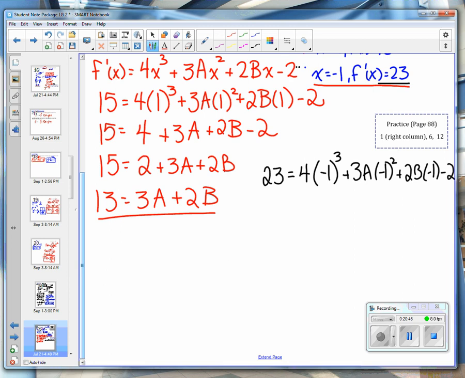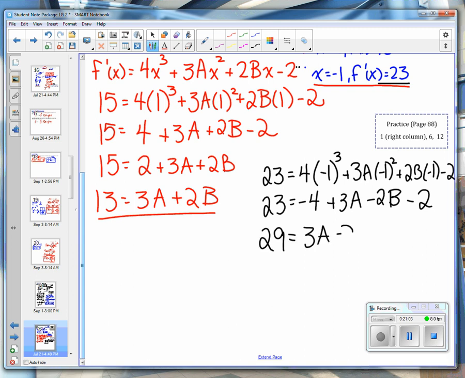Simplify again, so we've got 23 now equal to negative 4 plus 3a minus 2b minus 2. All right, now if I bring everything over, I'm just going to add 4 and add 2 to the one side. So that's going to give me 29 is equal to 3a minus 2b. And so that is my other equation.